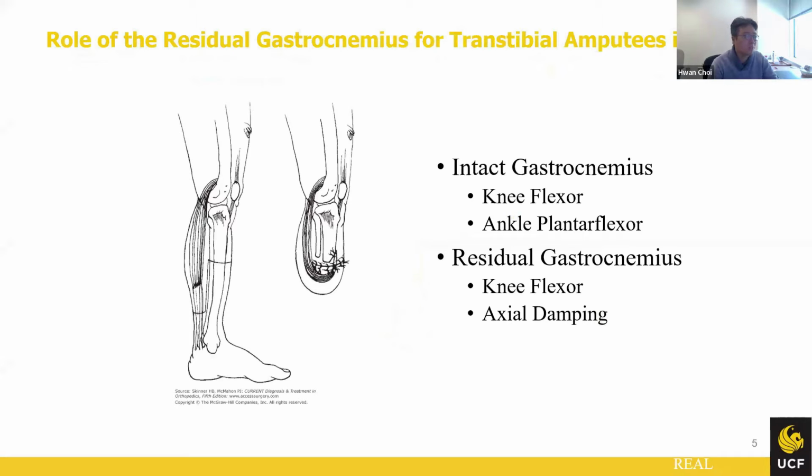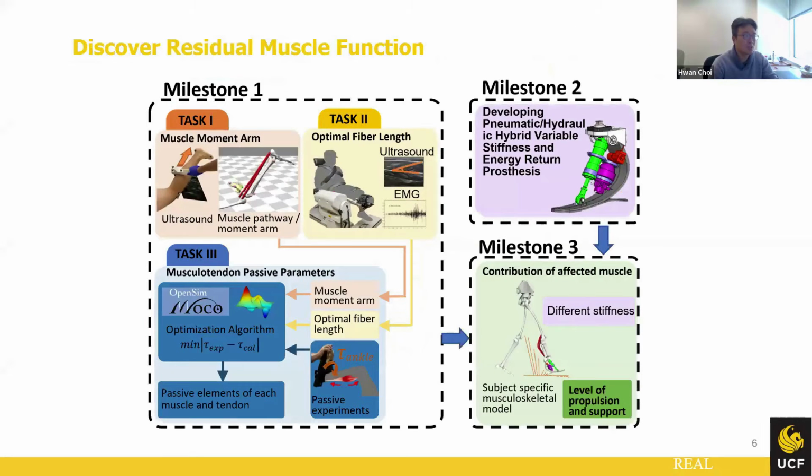This is a very typical surgical method for lower limb amputees. As you can see, the intact muscle provides knee flexion and ankle plantar flexion that is useful for propelling the body forward. But unfortunately, lower limb amputees don't have any propulsion. So we need to provide some assistance for this type of population.